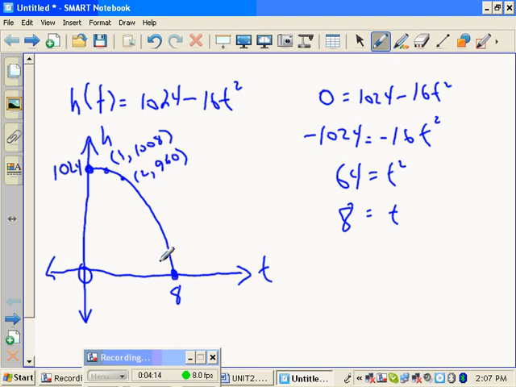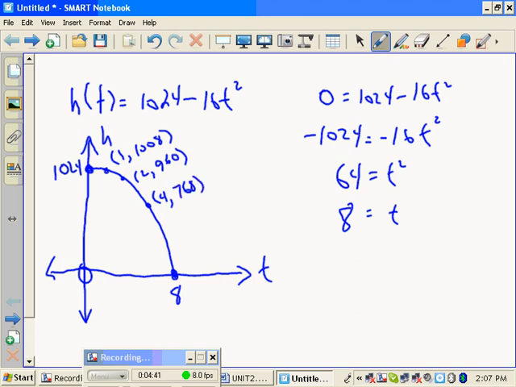Hopefully not. What about when t is 4? This is not necessarily to scale. If I plug in 4, 4 squared is 16. 16 times 16 is 256. Subtracted from 1024 is, is that right? Well, I think it's 768. We can check that later.